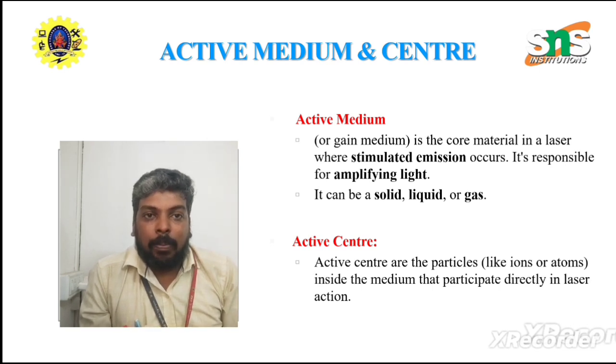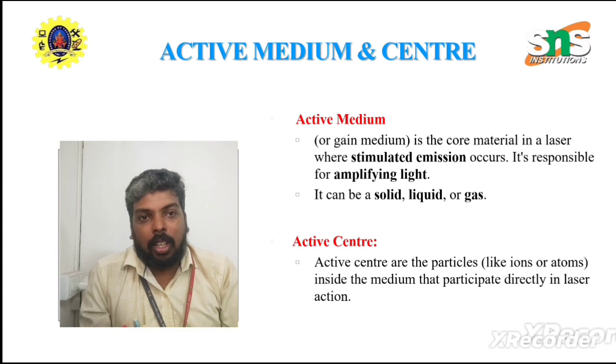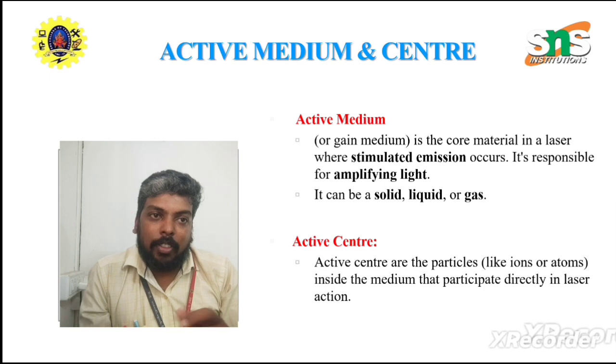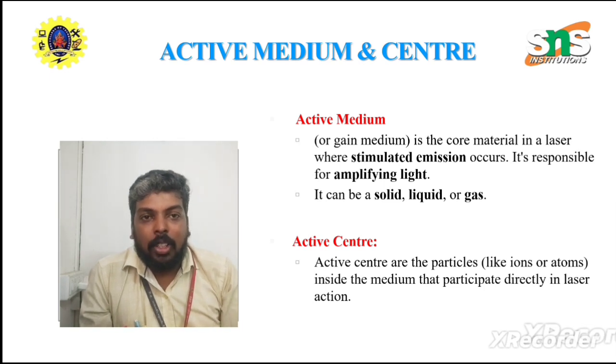Based on whether the material is liquid, gas or solid, the type of laser will differ. In this case, the active center is a particular particle. If it is a gas, a mixture of various gases is used. For example, we can take the carbon dioxide laser.